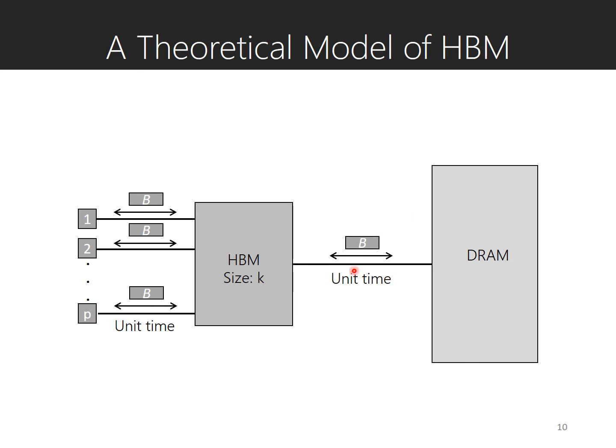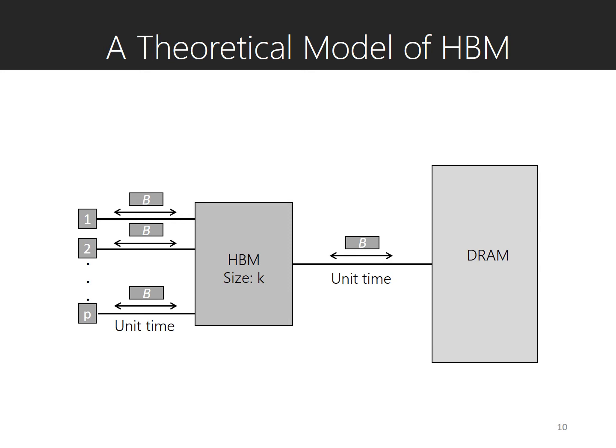There is only one channel between the HBM and DRAM. And data is transferred along any of these channels in blocks of size P. There can be up to P parallel block transfers from the HBM to the cores. But only one block can be transferred at a time between the DRAM and HBM.